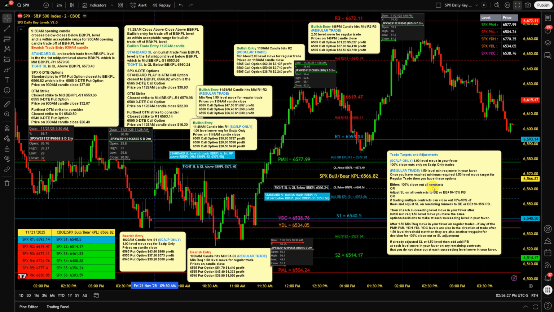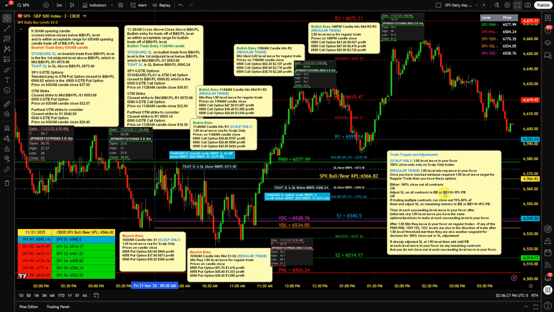Either 100% closeout of all your contracts, or adjusting your stop loss on all contracts to break even. At this point, you would be changing to a price-based stop loss, break even being the price you paid for the option, or break even plus a 10 to 15% initial profit buffer, which is simply adding on a percentage to the price that you paid for the option.